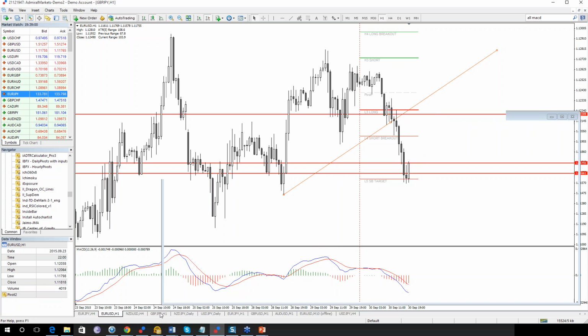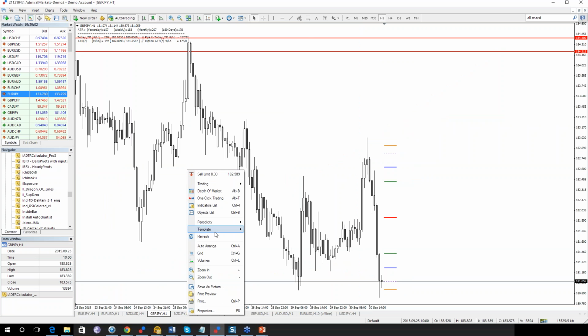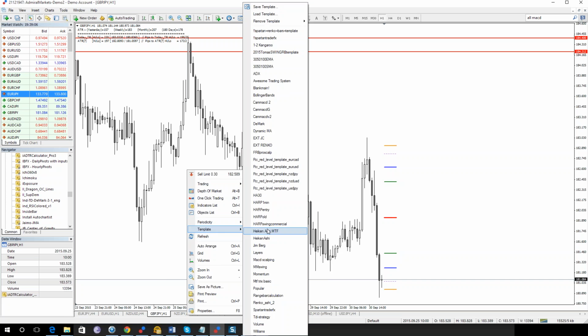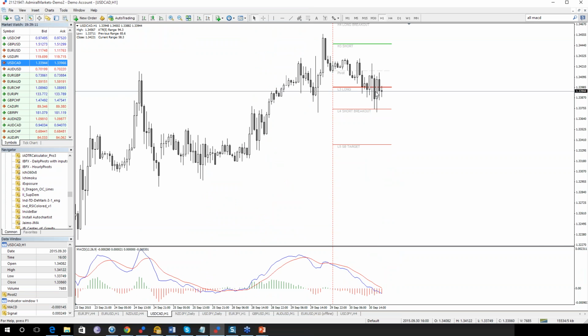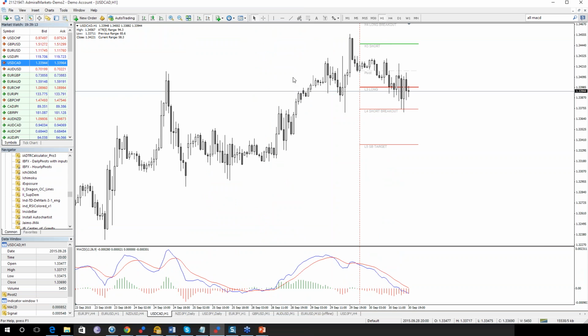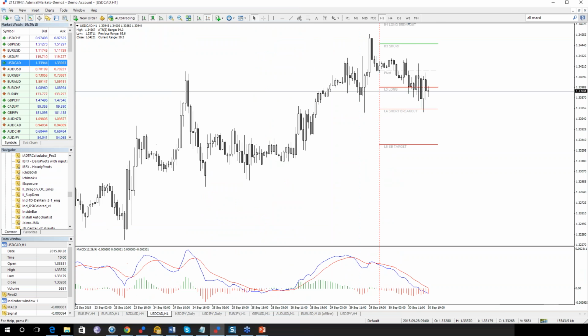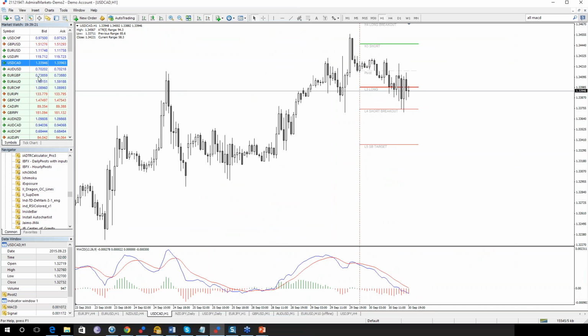Let's use another example. I will put, let's say, Camarilla, and let's use dollar CAD. So X cross, let's see if we have. Okay, we don't have it here.